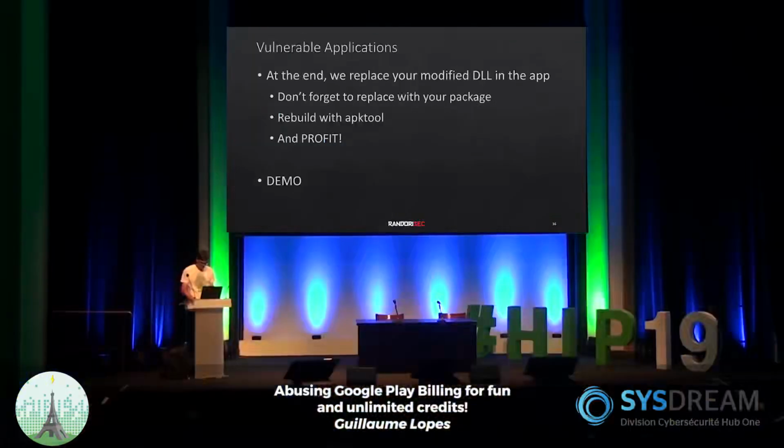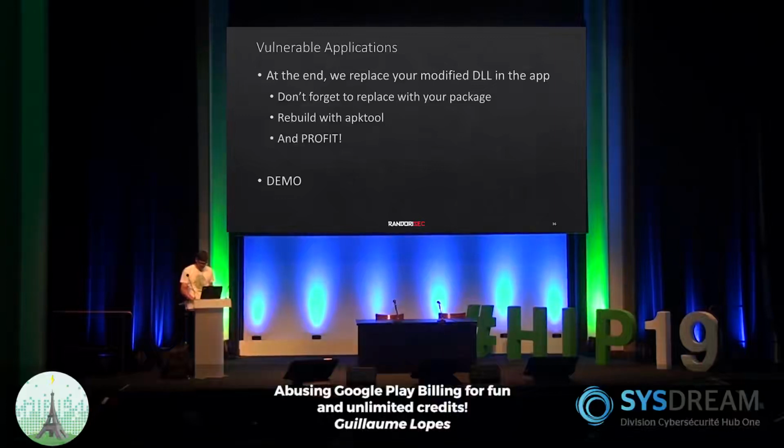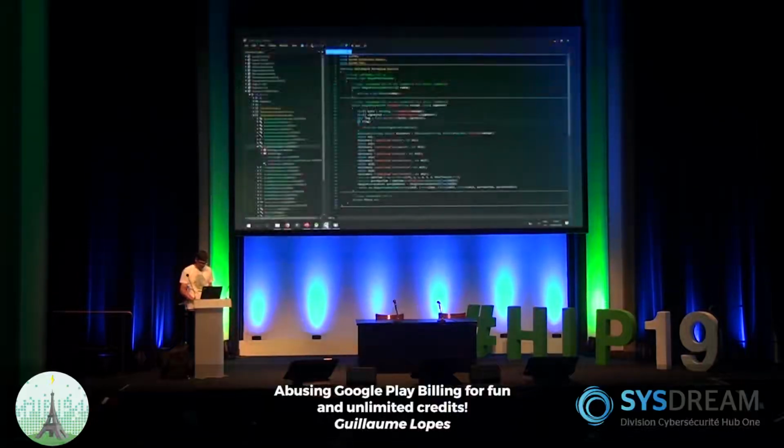So another demo, just to prove I'm not cheating. Yes, I can show you dnSpy quickly. So here, it's the security DLL open, decompiled. In the GooglePlayValidator class, we find the validate method here. And here you can see, yes, if the flag is set, we throw an exception.